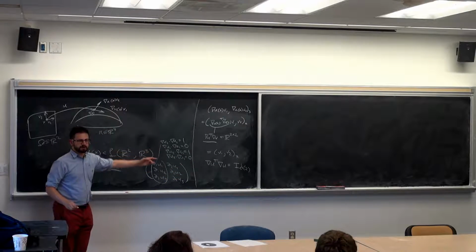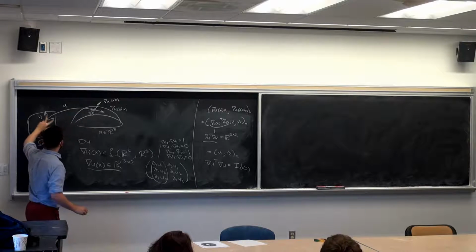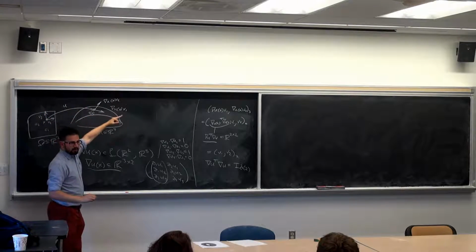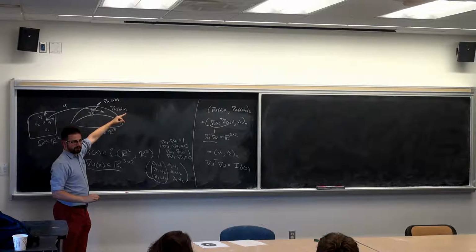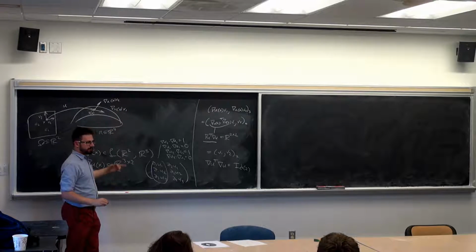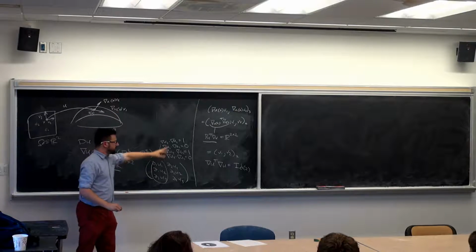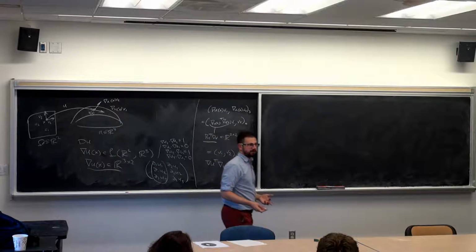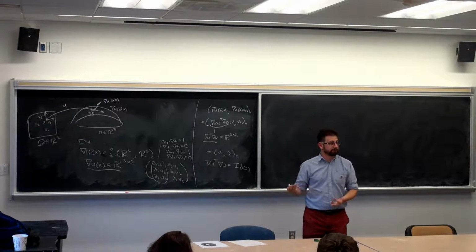This is really just saying that if I take e1 and e2 and transform them into tangent vectors on the manifold, they stay an orthonormal set in R3.